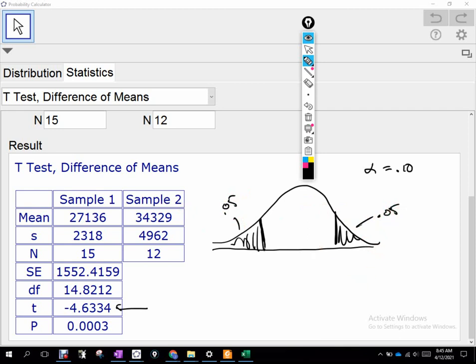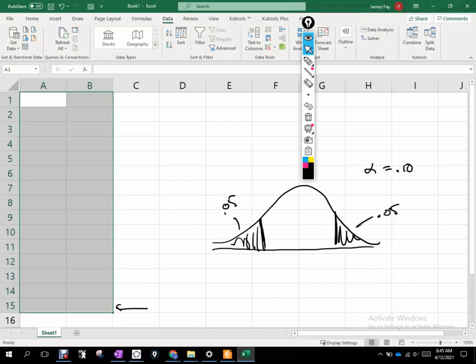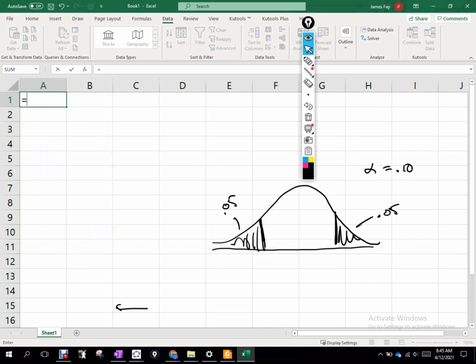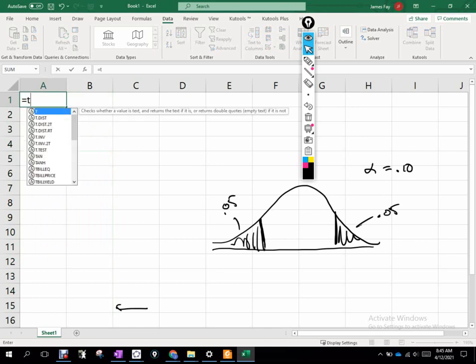In order to do that, we need to grab Excel and type in equals t.inv. Now you've got options here. You can do it one of two ways, because for whatever reason the t distribution gives you a two-tail command. You see where it says .2t there. If you want to use that, go ahead.